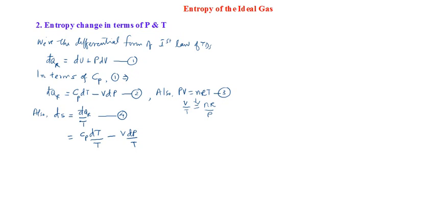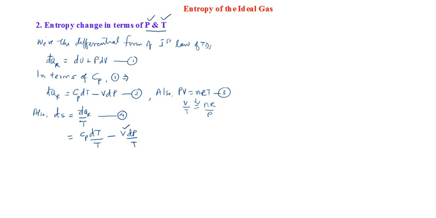Why? Because here n and R are both constants and only P is the variable, and here we have got dP. So it's all fine. And not only that, our aim in this particular derivation is to express delta S in terms of P and T, meaning we should somehow get rid of the volume V from these expressions. And that is what we are actually doing.